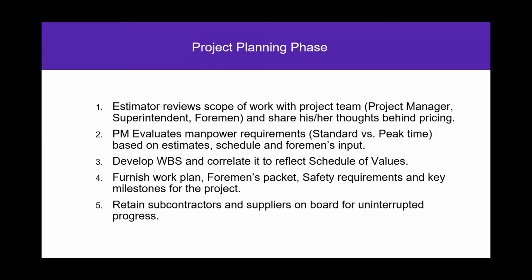Then we develop our own schedule and see. That helps us decide whether I have to put one team or a two-crew team. Based on that, during bid time at JJ Bani, we put our initial schedule together and furnish it: this is what I came up with, in accordance with your schedule.